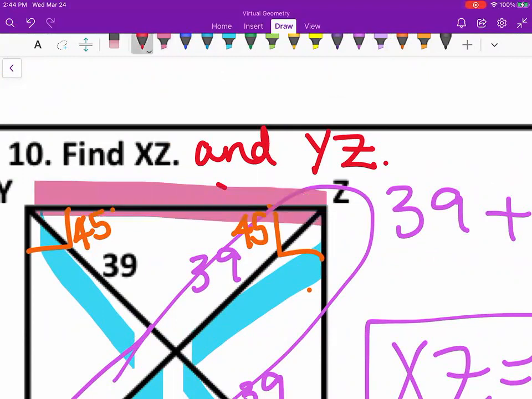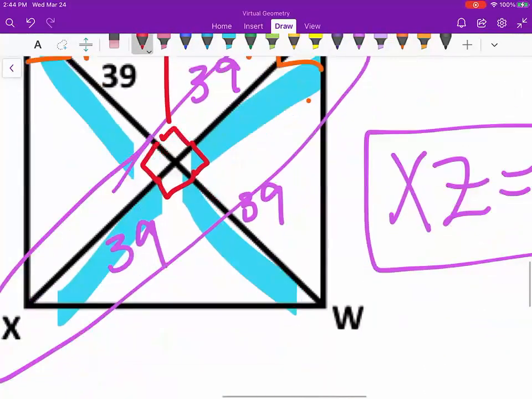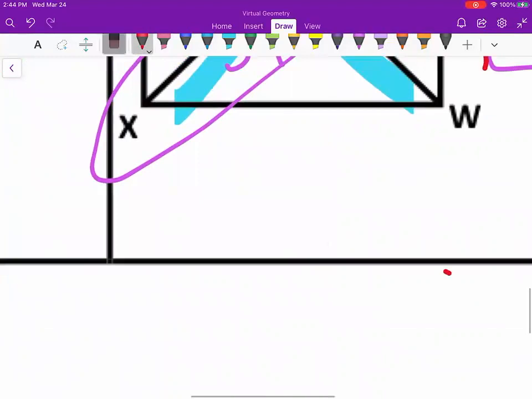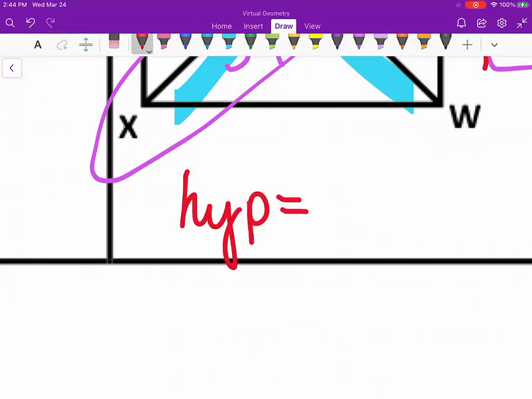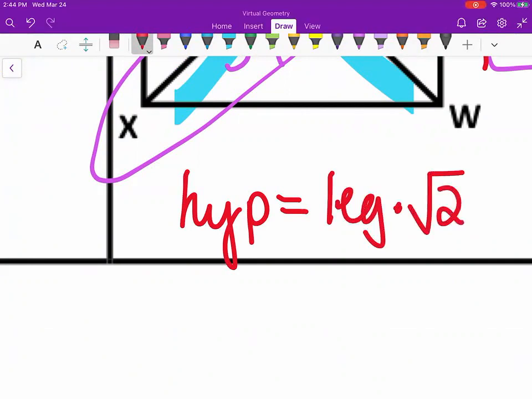Now, because this is a rhombus, I get 90s here where the diagonals cross, making that side the hypotenuse. So from our special rights with the 45-45-90s, we had the formula that said to find the hypotenuse, it was your leg times square root of 2.